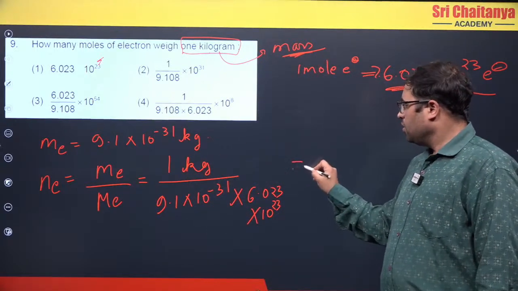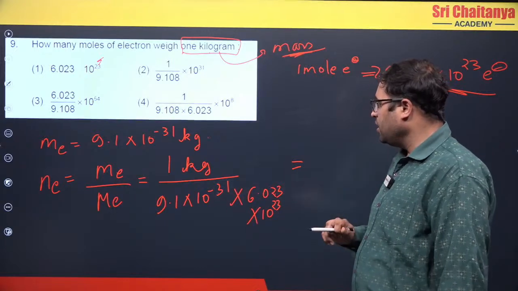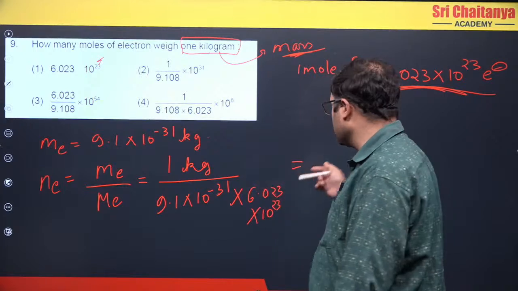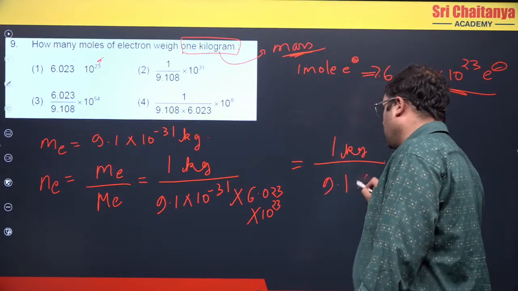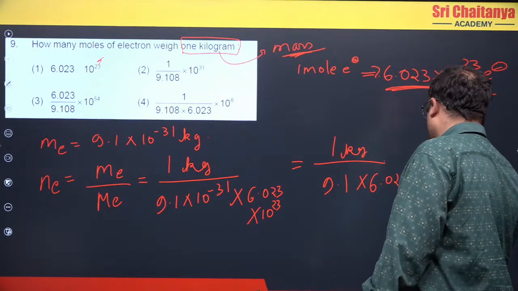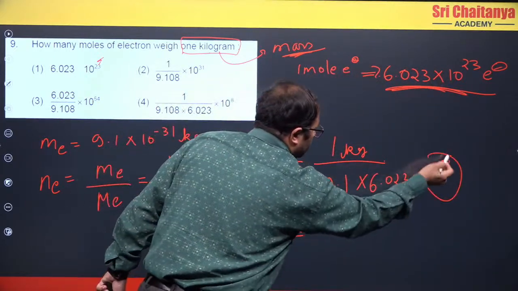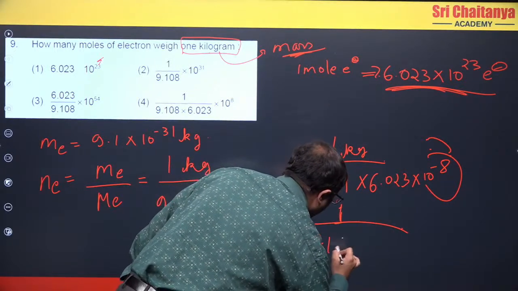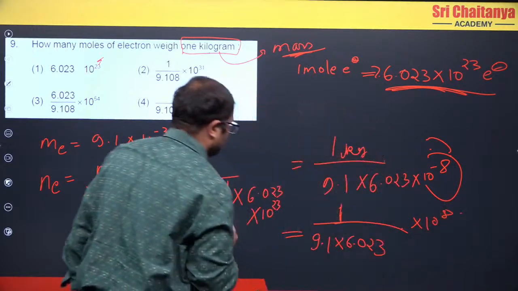Moving forward, all are in kgs. 23 minus 31 comes out to be around 10 raised to power minus 8. So it will be 1 by 9.1 into 6.023 into 10 raised to power minus 8, and this goes up, it becomes 1 by 9.1 into 6.023 into 10 raised to power 8, right?